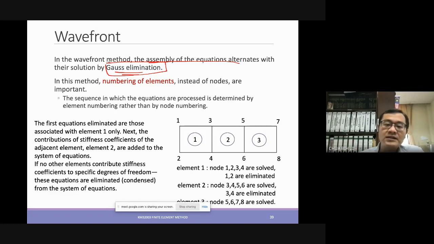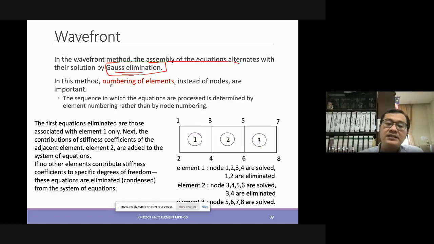But the only difference is that in this Wavefront method, we take into account how the sequence of solving these equations can minimize the data needed to be loaded for the calculations, right?